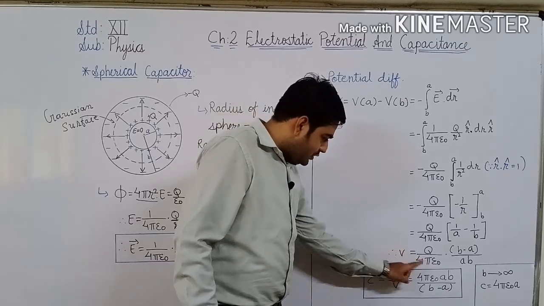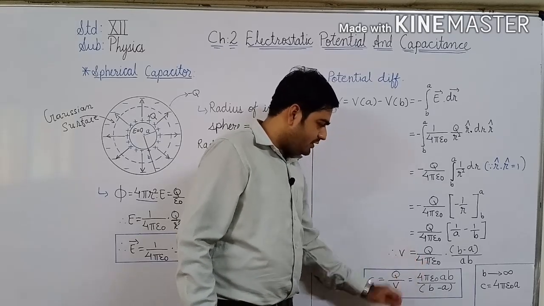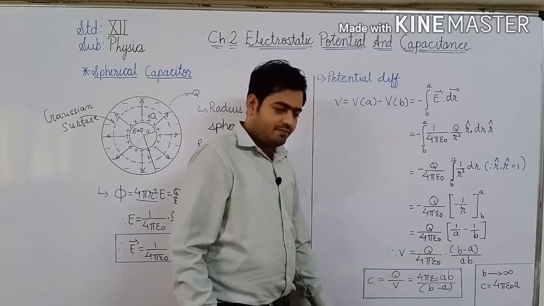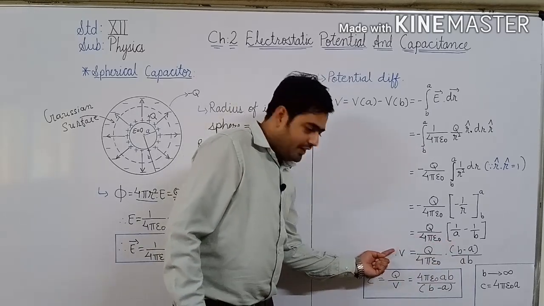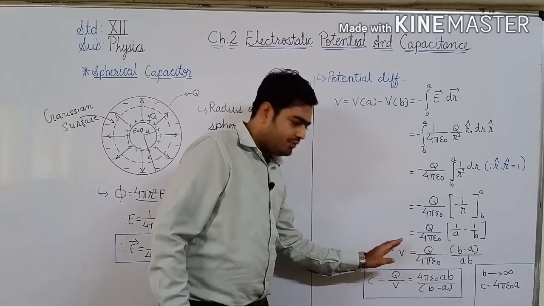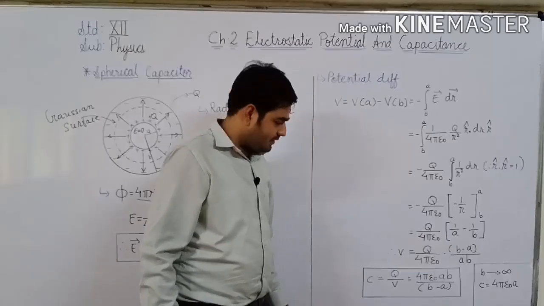So if we take the ratio q by V, then q by V can be written as 4 pi epsilon naught ab upon b minus a. Once again, if we take V on this side, then q by V is equal to 4 pi epsilon naught ab upon b minus a.